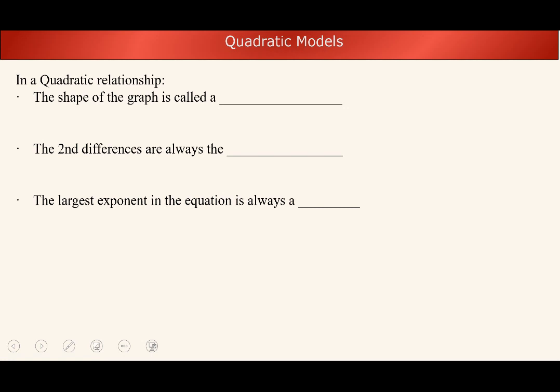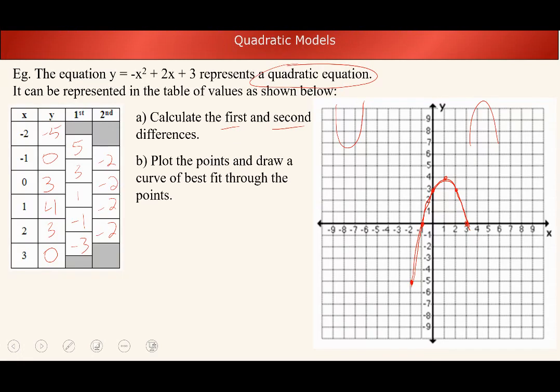In a quadratic relationship, the shape of the graph is called, anybody? Yes, good. It is a parabola. The second differences are always the same. And the largest exponent in the equation is always a 2. Let me just go back and show you like that.